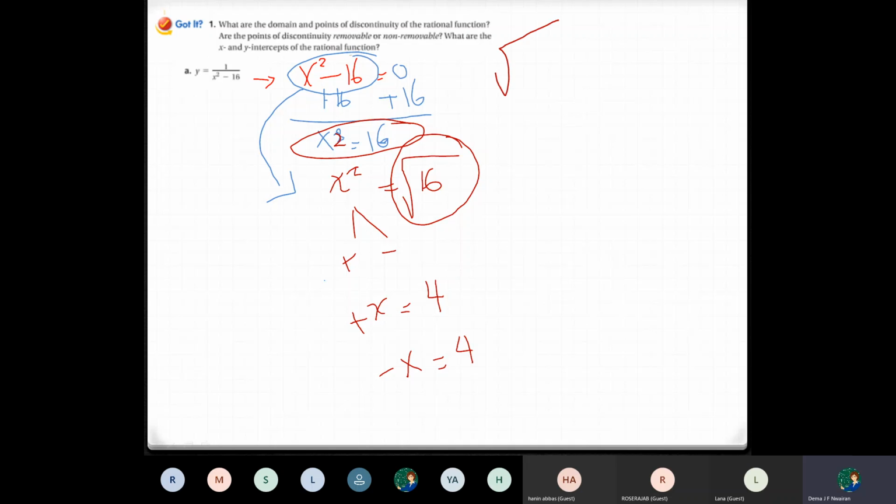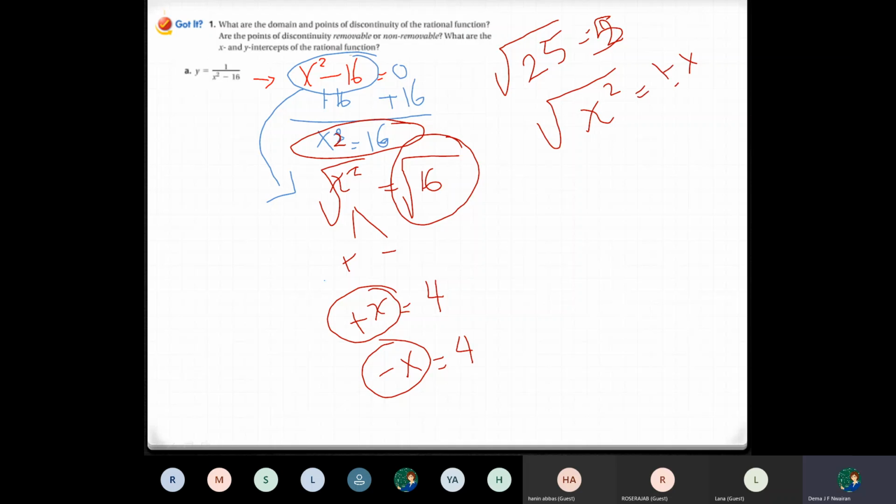If I asked you the square root of 25, you have to tell me that it is only 5. So the square root of 16 is what? Only 4. But the square root of x squared has to be positive x and negative x. The square root of any squared variable will be positive or negative x.